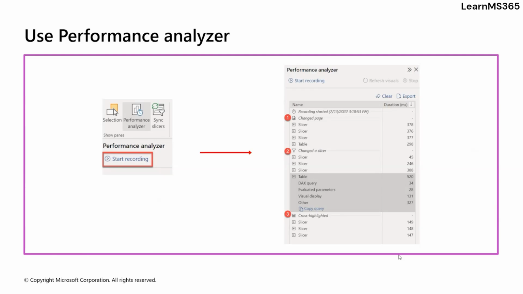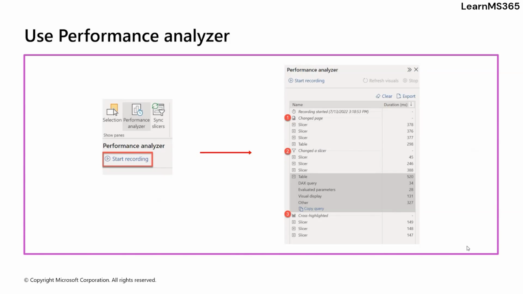So after you start recording, take actions in the report. For example, move from one report tab to the next, select a slicer item, or interact with any of your visuals. Any actions you take in the report are displayed and logged in real time in the Performance Analyzer pane in the order that the visual is loaded by Power BI.